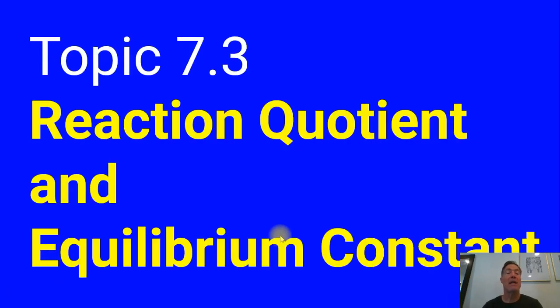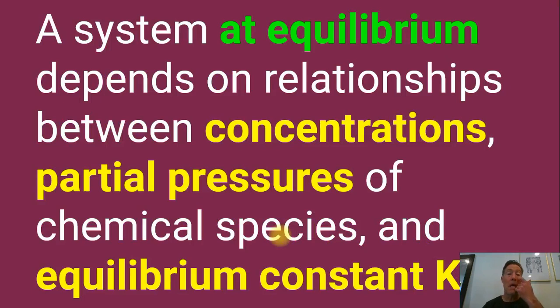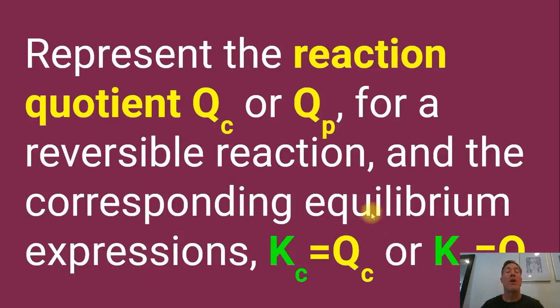So now let's take a look at what's known as the reaction quotient and its relationship to the equilibrium constant. A system in equilibrium depends on the relationships between the concentrations or partial pressures of the chemical species and the equilibrium constant K. We can also represent the reaction at any other time, not just at equilibrium, by what is known as the reaction quotient.